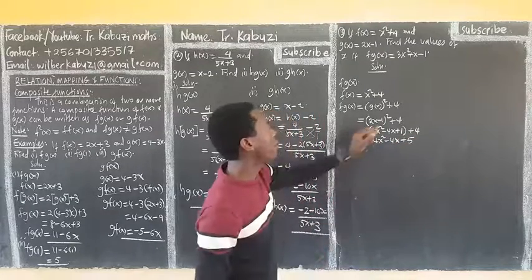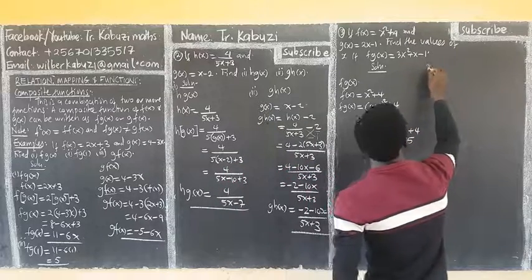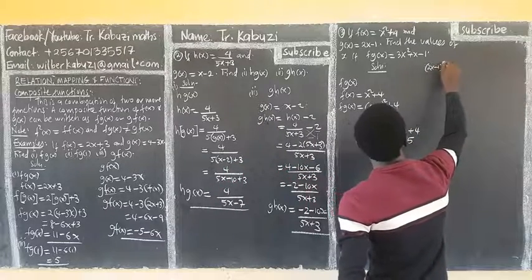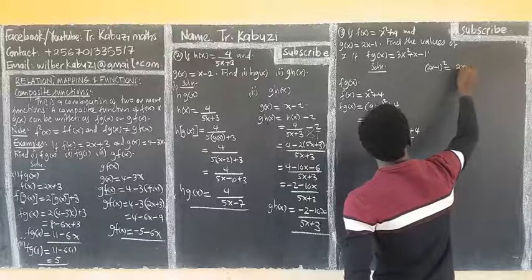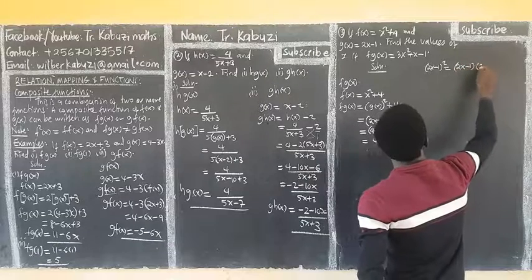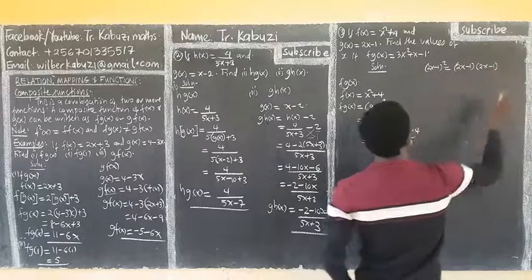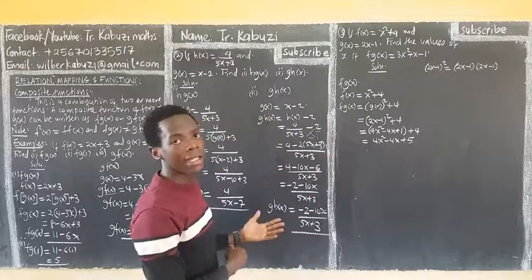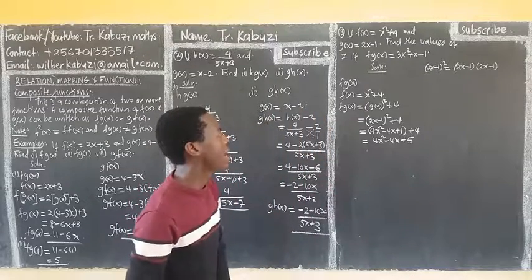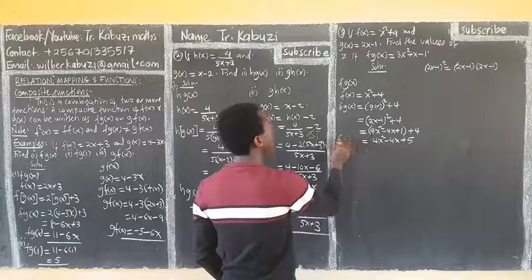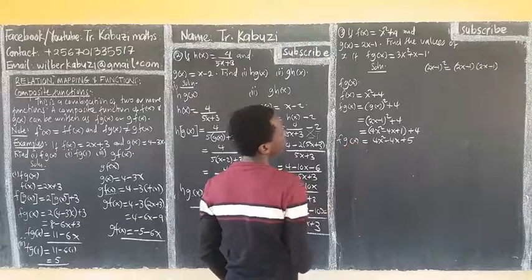If this is hard for you, you can say 2x minus 1 squared is equal to 2x minus 1 times 2x minus 1, then you expand that using the first bracket multiplies the second bracket. Anyway, this is our fd of x.